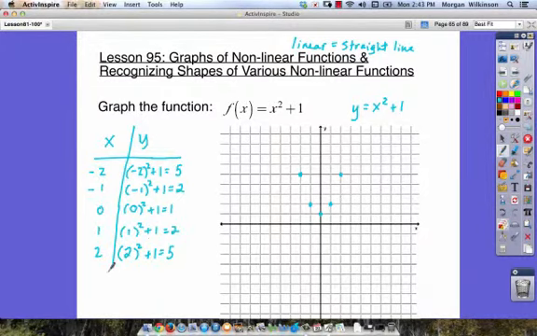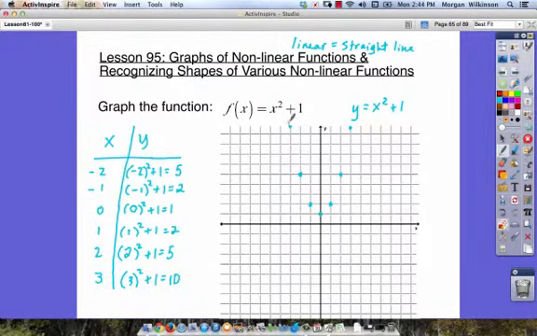What would happen if we had 3? Let's look. 3 squared plus 1, 3 squared is 9, plus 1 is 10. So we'd have 3 and 10 way up here. This one's also going to be the same. We've seen they're symmetrical on both sides of our graph.